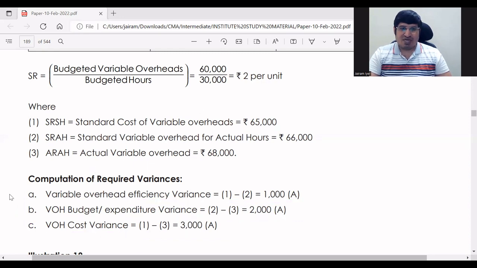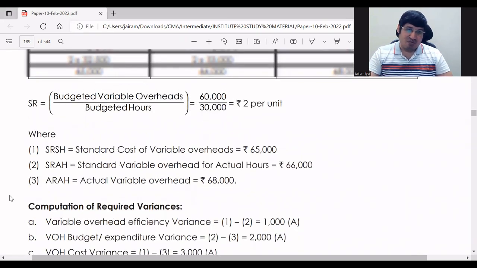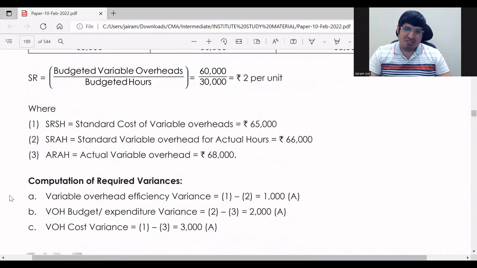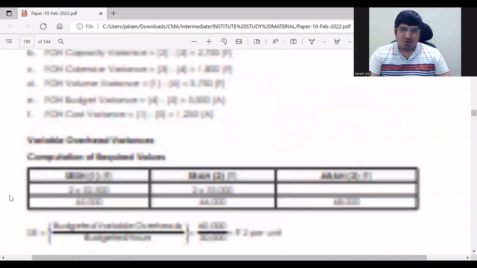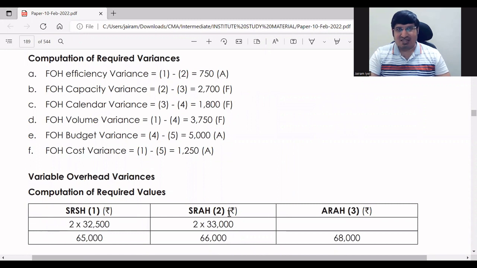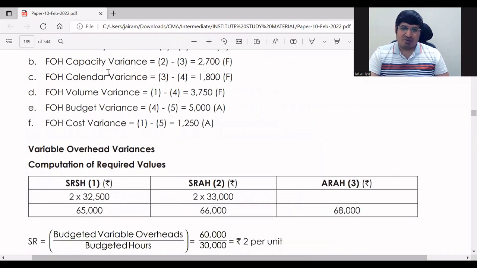That's why I said that if you are used to making the fixed overhead tables, there is nothing new here, because you already know SRSH and SRAH. Only 3 of the 5 tables have to be made, and that too, variable overhead variance is normally asked along with fixed overhead as one problem, so you already have this data from the previous tables.